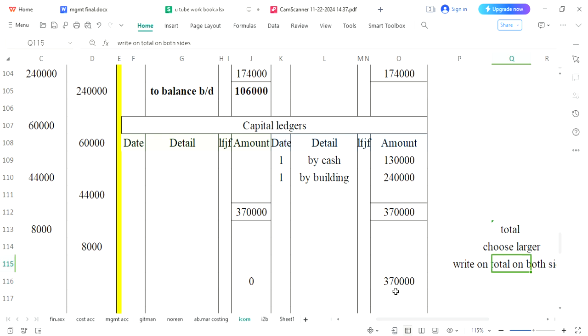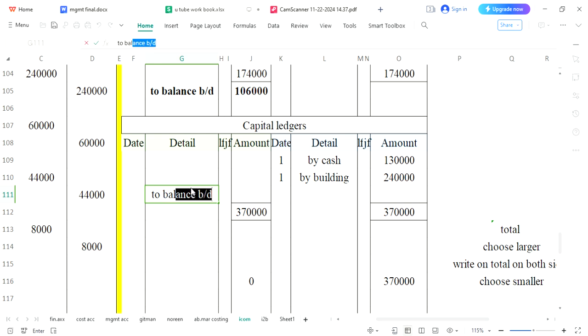Larger sum was 370 and write on total of both sides. Now next step is to choose the smaller side. Which side was smaller? Here total was 0, so you will choose this smaller side and you will write to balance. And remember, this is not brought down balance, this is first balance, to balance.